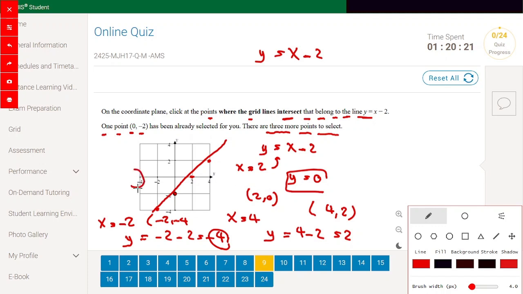So let's take also x equal to minus 4. So y will be equal to minus 4 minus 2, equal to minus 6. So we have the point minus 4 and minus 6. But this point is actually out of this graph. Okay?